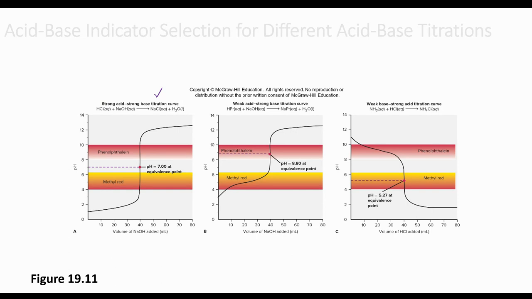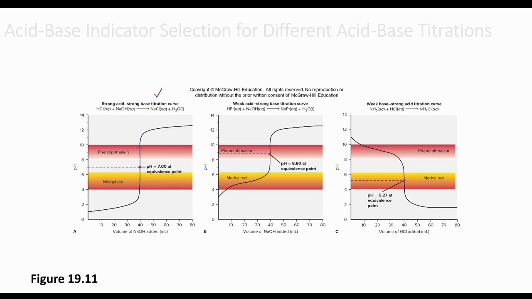So it's still colorless. But the more drops you add after equivalence, if you're not careful, you can completely bypass the light pink color and come up here to the fuchsia color. So this graphic really explains why it's so difficult to get that light pink color, because you're in that steeply rising part of the graph.